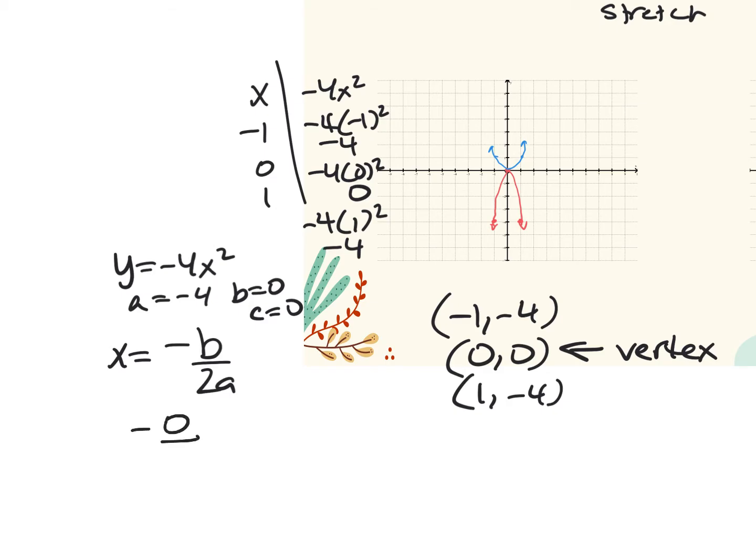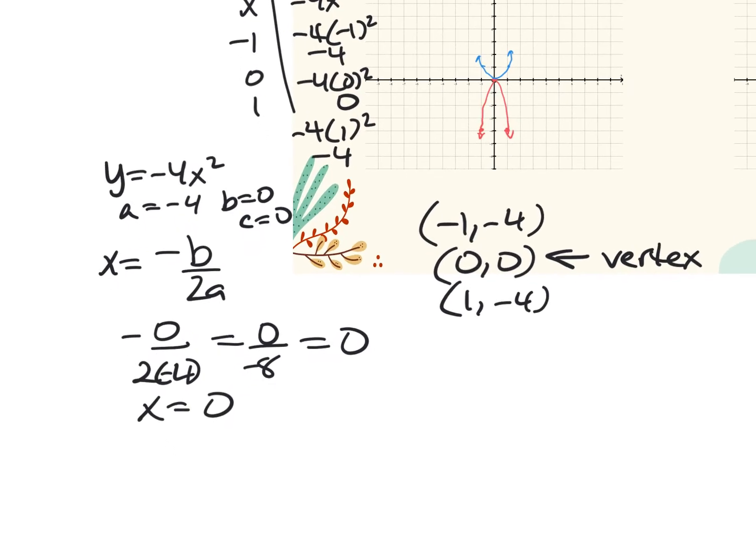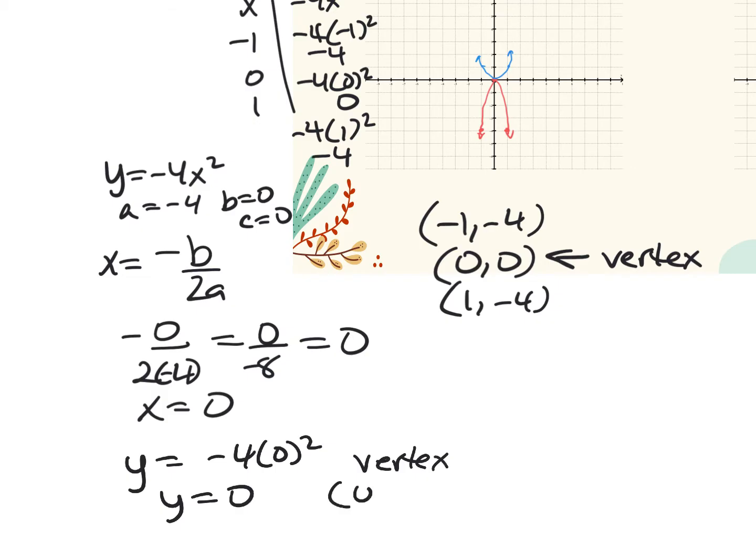So -0, which is just 0, over 2 times -4, 0 divided by -8, and the x of my vertex is 0. And then when I plug in a 0 for x, I still get the y of the vertex to be 0. So this is why my vertex is at the origin of (0, 0).